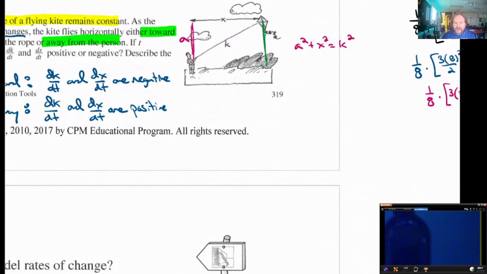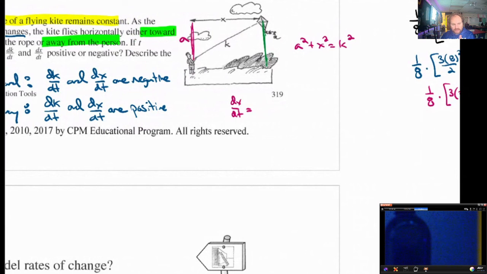If you think about this as you let more string out, or as you pull it back in, it depends if you're pulling in or pulling out. But think about the rate at which x changes, dx/dt. Let's think about it starting off right above you, where let's say that dx/dt is 0.